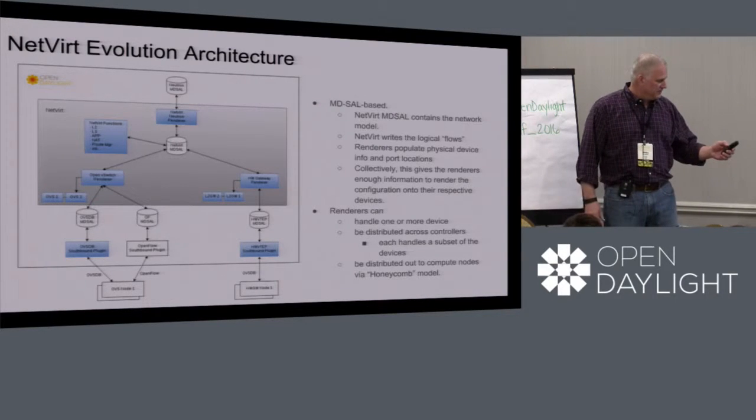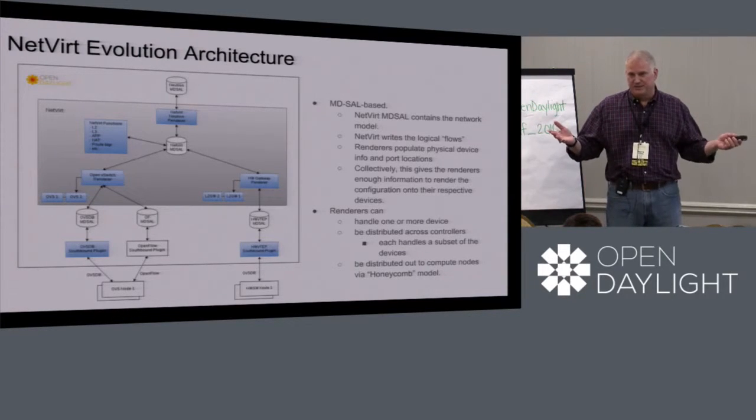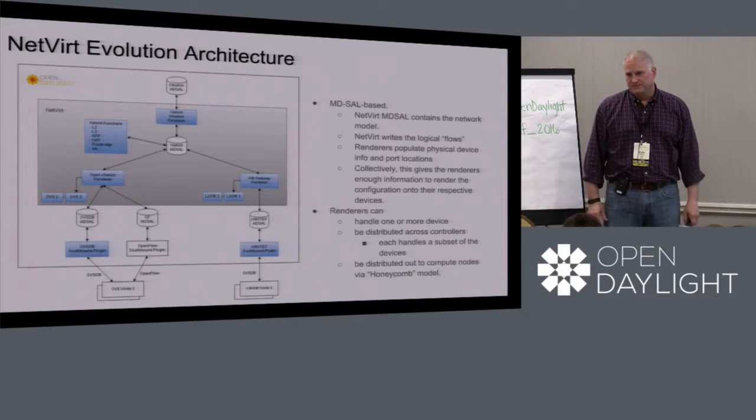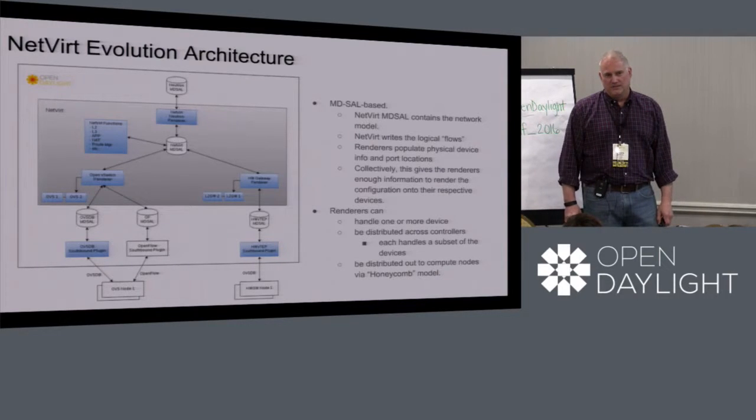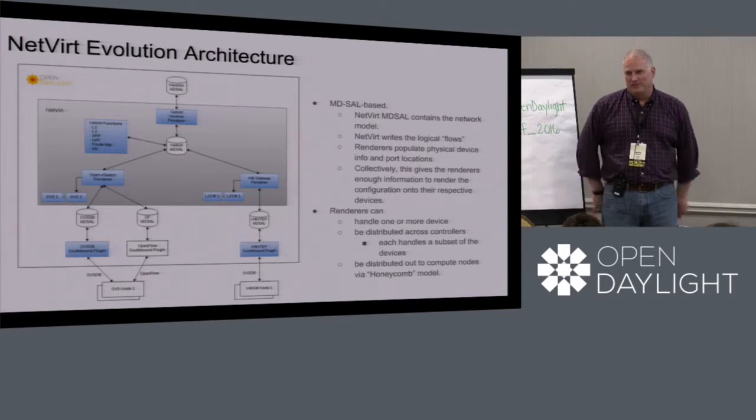And all of the information needed is advertised via this MD-SAL model, so they all have the same information and can program their switches. In the Honeycomb model and clustering, I'm not sure how that works, but it's probably pretty similar. But this design is not going in that direction. But it's pretty open.